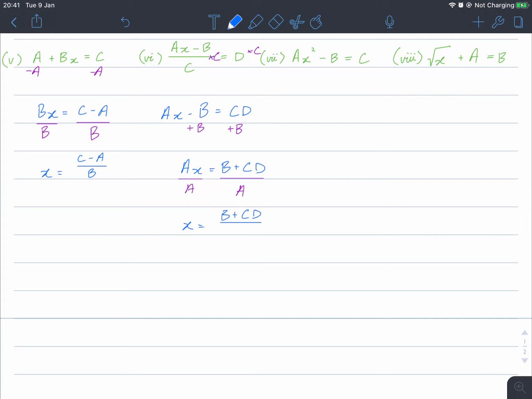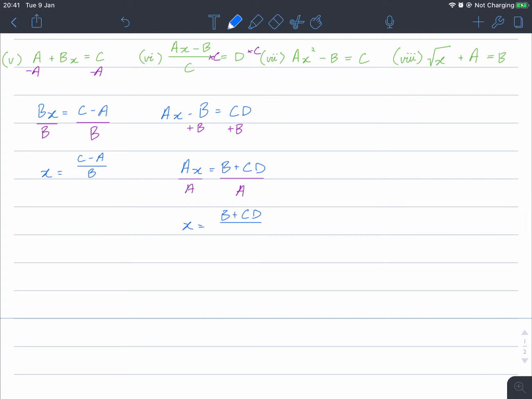This gives us AX squared equals B plus C. We need to get rid of that A next, dividing both sides by A. This will give us X squared equals B plus C all over A. And now the opposite of this square is the square root of that number.